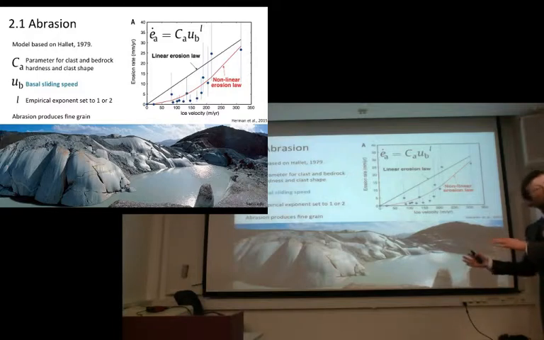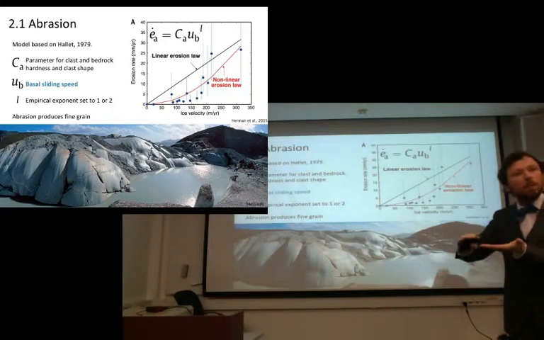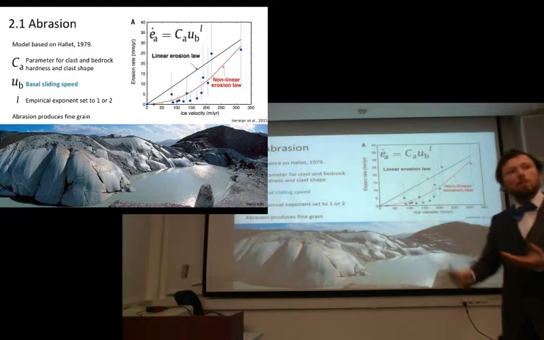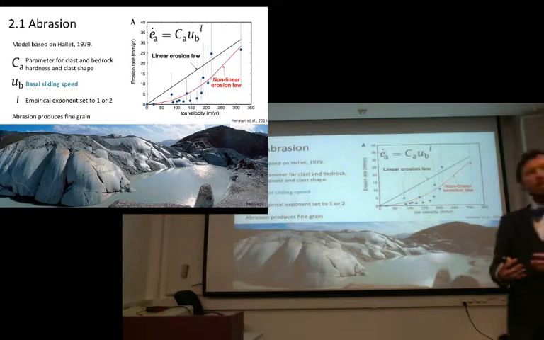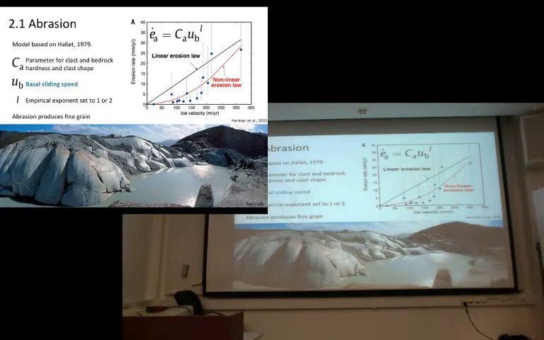In one way, what this parameter contains is how thick your sandpaper is. Do you have a fine sandpaper or a thick sandpaper? It also contains the resistance of the bedrock to erosion. Then we have L, a parameter set to 1 or 2, and we're going to discuss that there is some new evidence that this can be debated.